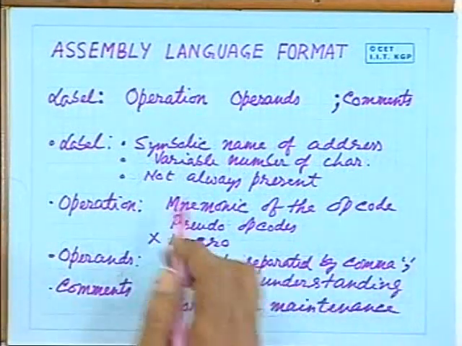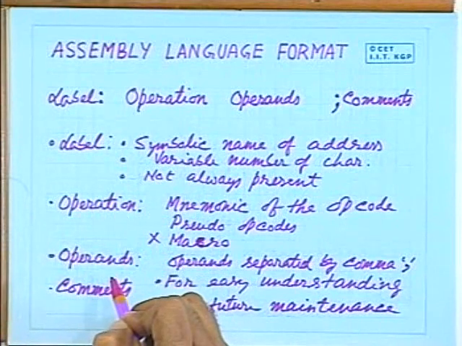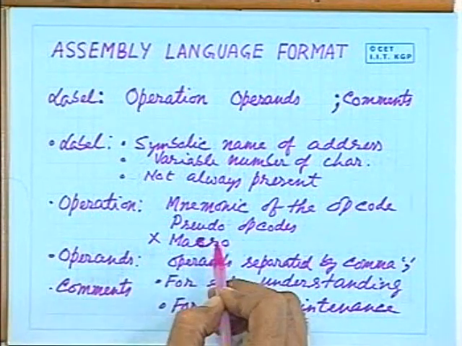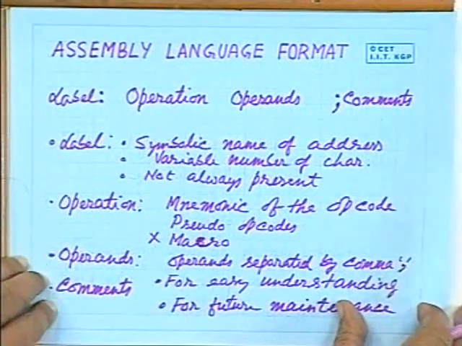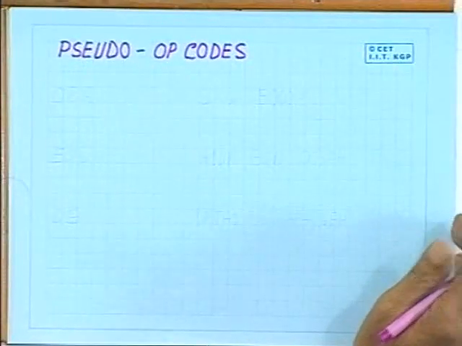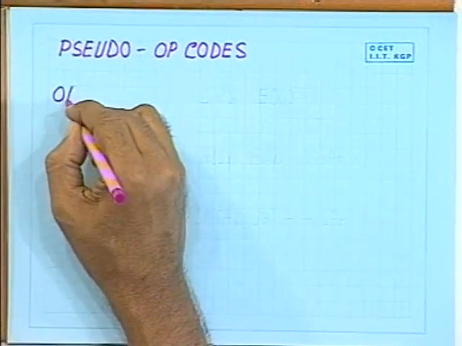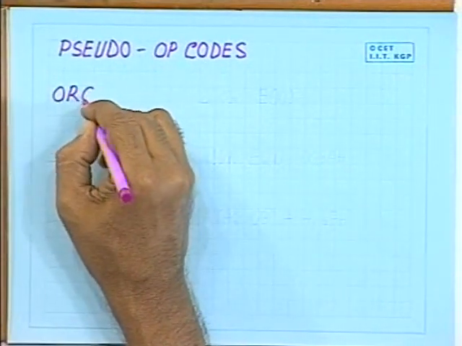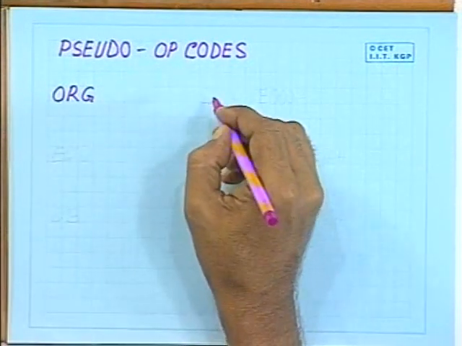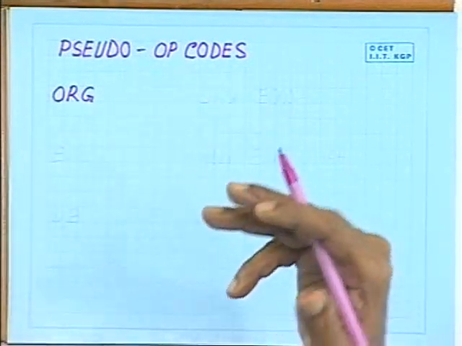Let us discuss particularly the pseudo ops, pseudo opcodes. There are a few pseudo opcodes which are available in all assemblers. You will see that assemblers are available with different capabilities.